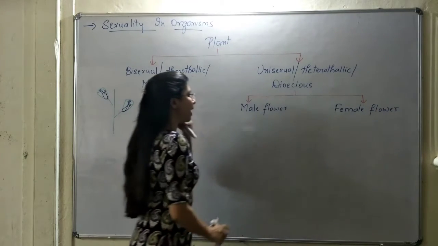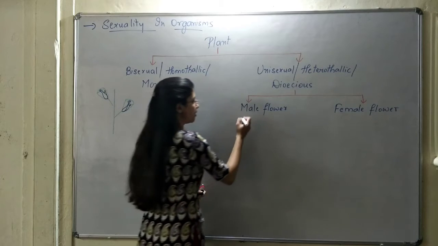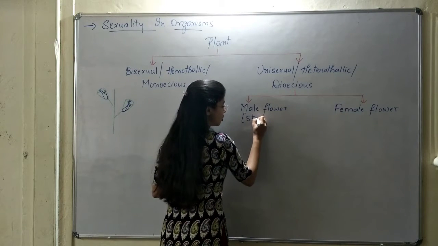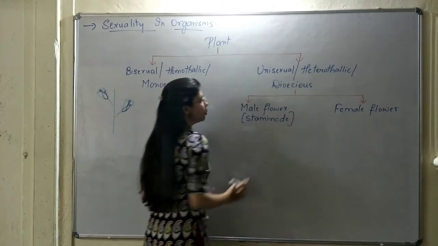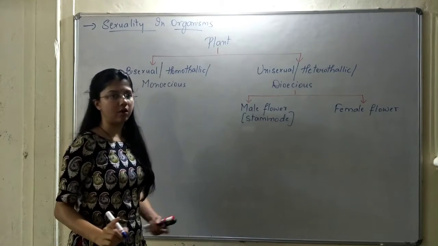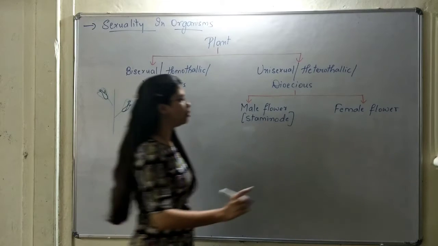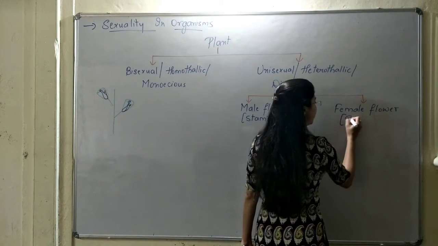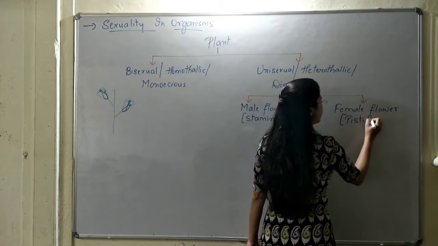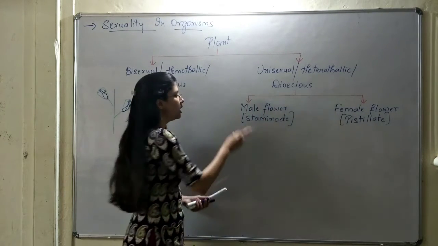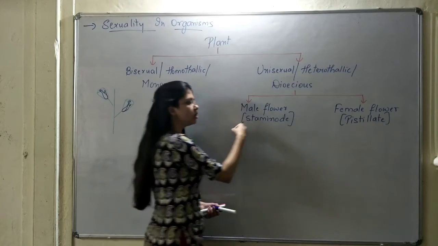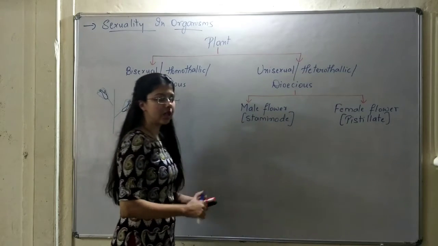Now, a flower with only the male reproductive organs can be called staminate, and a flower with only female reproductive organs will be called a pistillate flower. Okay, male flower can be called staminate, female flower can be called pistillate.